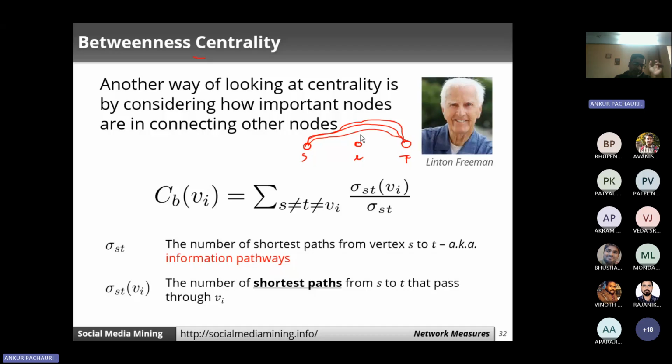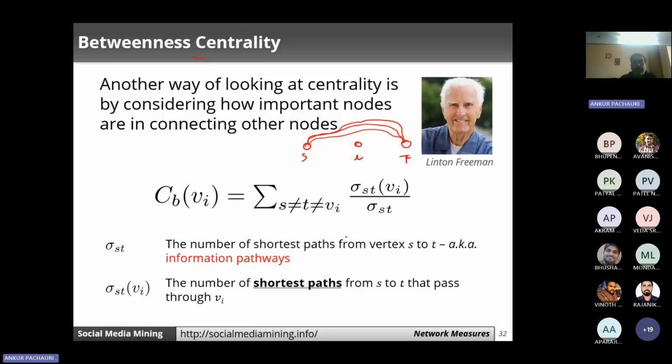In that radius and diameter discussion, we were not bothered about the number of shortest paths. The only thing we were bothered about was the size of the shortest path. But somehow, if we want to include that information also, how many shortest paths there are for a pair of nodes.